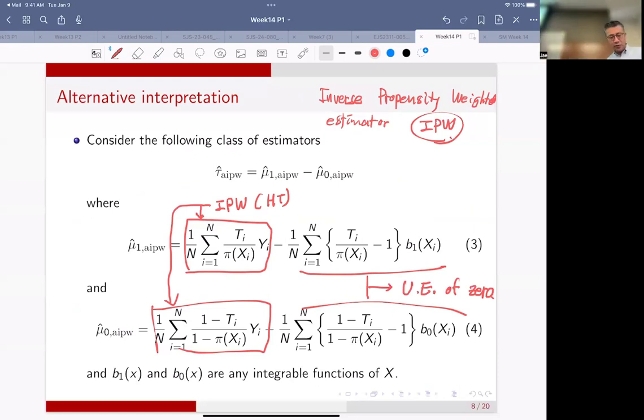Unbiased estimator of zero under what? What do I mean by that? So what expectation are you talking about? When you say expectation, we are using the propensity score model, right? The PS model.